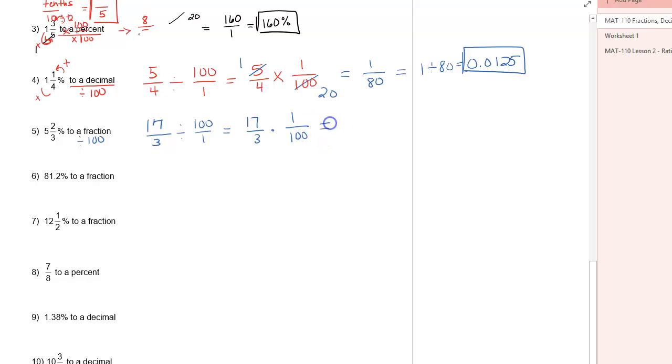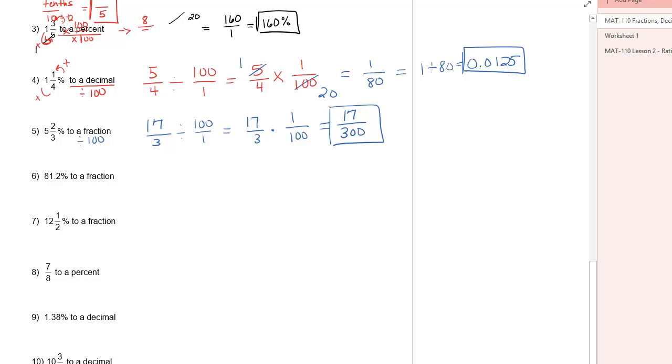This time I cannot cancel. 3 and 1 do not have a common factor other than 1. 17 and 100 do not have a common factor other than 1. So I'm just going to go ahead and multiply. 17 times 1 is 17. 3 times 100 is 300. So that would give me 17 over 300.